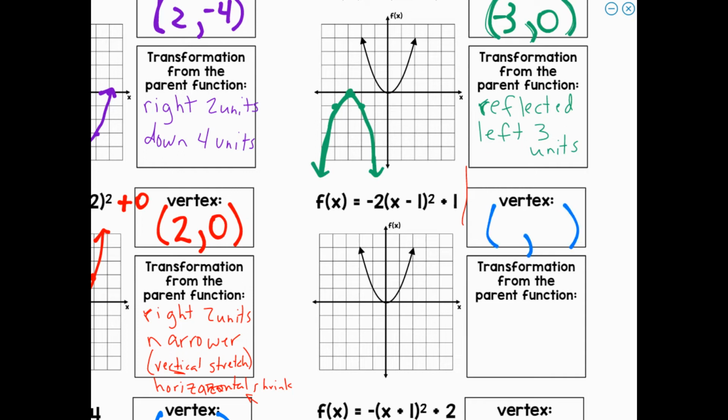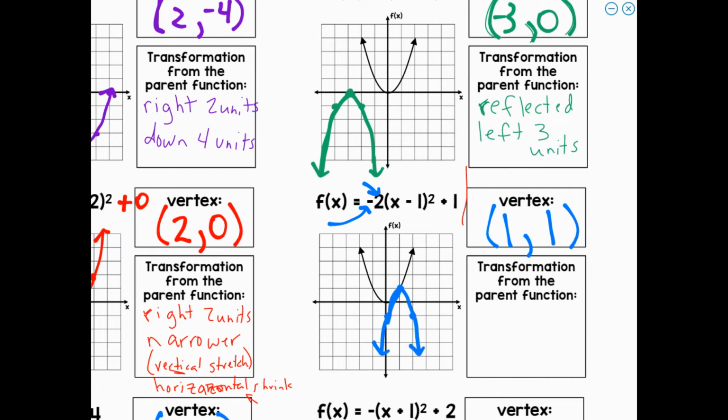If I look at this next one, what's my vertex going to be? 1, 1. So it's going to be up here. And I've got a negative sign again, so what's going to happen? It's going to reflect, and I have a 2, so it's also going to get skinnier.